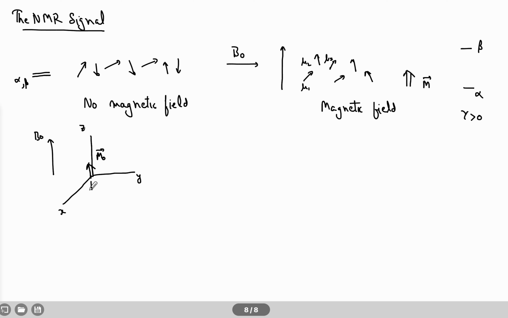If I try to draw the individual projections of all these mu's, they will turn out to be something like this. This is all in the XY plane, so MXY is equal to 0, whereas MZ is equal to M0. That is the situation at thermal equilibrium.